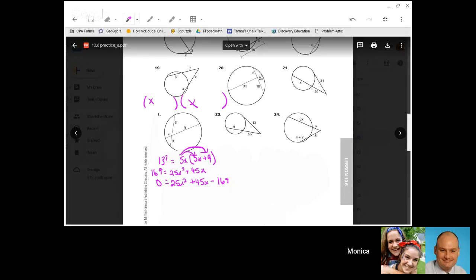Now, what's your a in that formula? So the a is the number in front of the x squared. So it's just the 25.